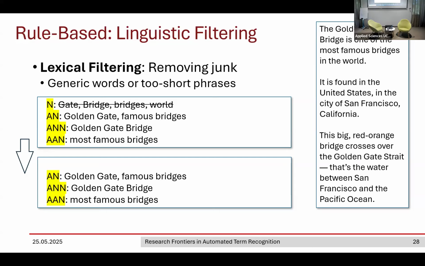But this is dangerous, as you may understand, because those could be regarded as broader terms, but still those are terms. Like a bridge is a term in engineering, in infrastructure. And a Golden Gate Bridge is, in fact, a named entity. It's a label for an instance of a class.